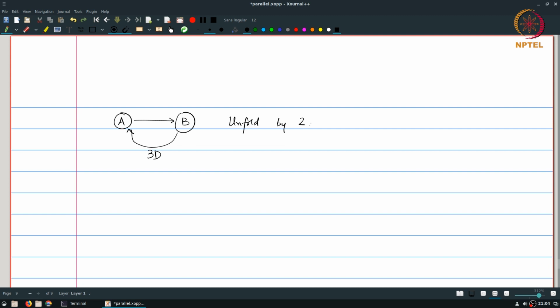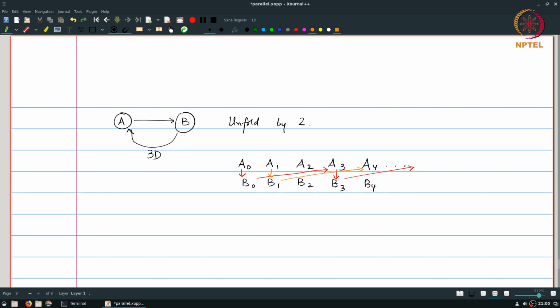Effectively, the best way to understand this would be to actually draw out the sequence of firing, which would tell us A0, A1, A2, A3, etc. and B0, B1, B2, B3, B4. And what we can see is that there is a dependency from A0 to B0 and then from B0 to A3 in this case, then from A3 to B3, B3 to A6 and so on, right? And similarly there is another dependency that goes from A1 to B1 to A4 and so on, right?